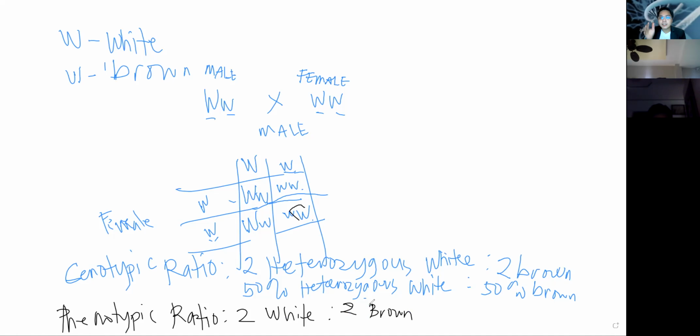Because we are thinking about what we can observe, the observable behavior, the observable traits. Or we have 50% white is to 50% brown. Right?